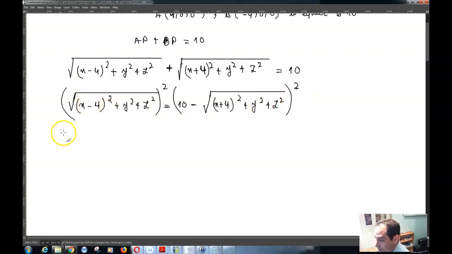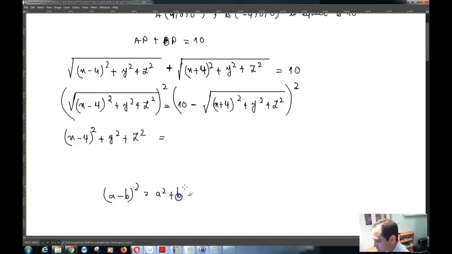What you will get is (x minus 4) raised to the power 2 plus y squared plus z squared is equal to, and this is a minus b whole squared. So a minus b whole squared is equal to a squared plus b squared minus 2 times ab, where a squared is 100, plus b squared is (x plus 4) whole squared plus y squared plus z squared, and negative 2 times ab.